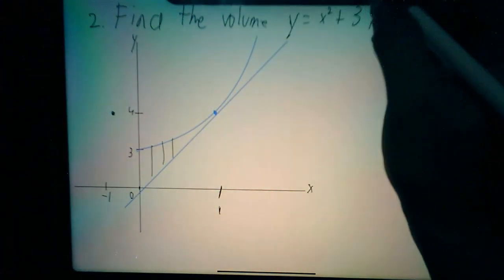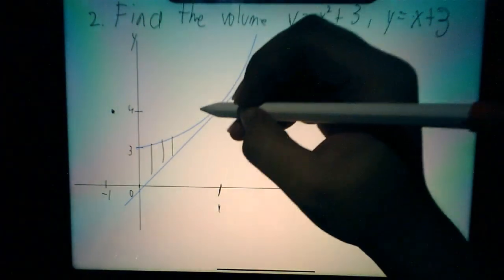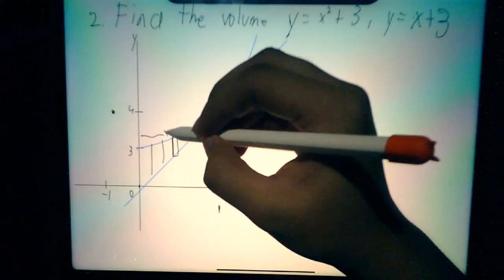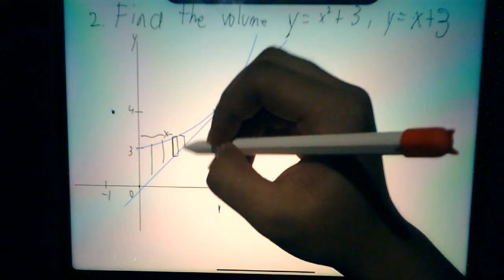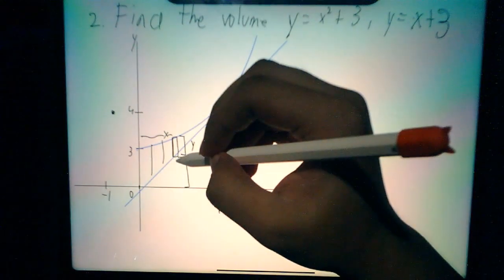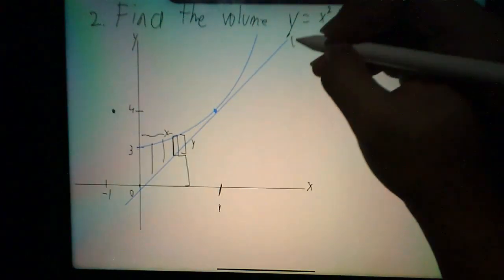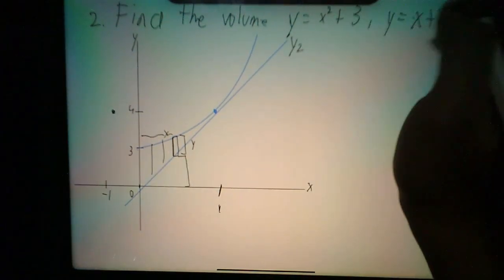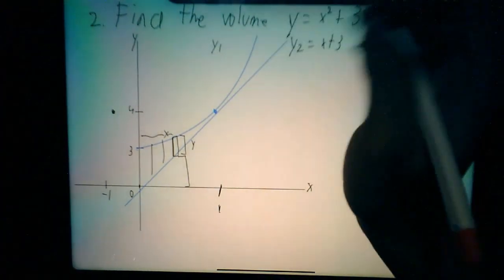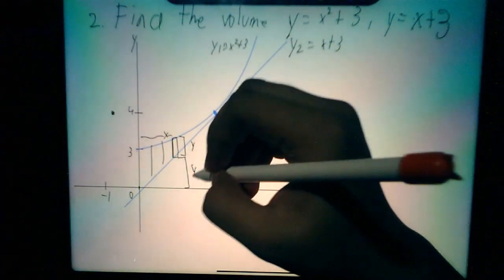So we need to put a vertical strip here. This is our vertical strip, and this equals x. The height of this vertical strip is y, and from the bottom of the vertical strip to our x-axis, let's label this as y2 equals x plus 3, and this is our y1, x squared plus 3.